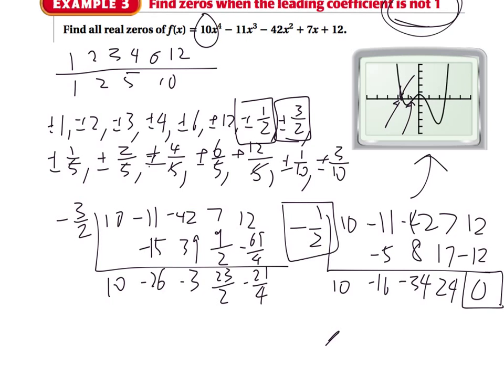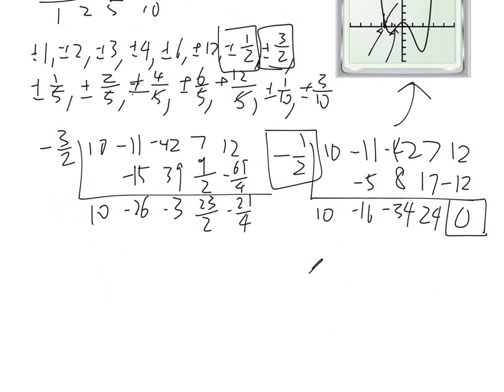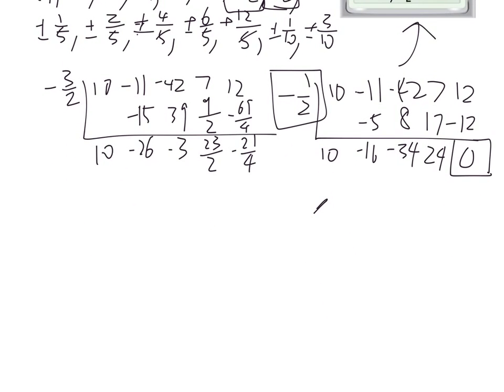Now, we're not even done yet, because the result of this synthetic division doesn't actually give us a quadratic function, so we can't simply use FOIL to factor this. Again, this looks like this: 10x cubed minus 16x squared minus 34x plus 24.